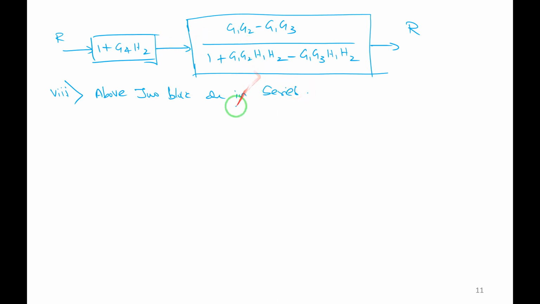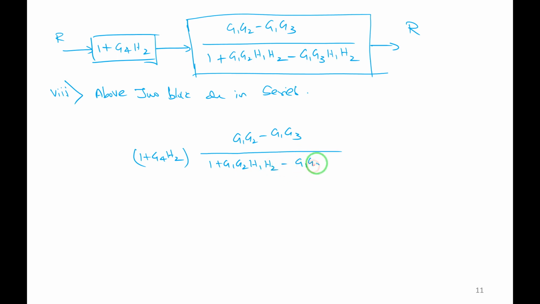Just multiply the gains, it will turn to be a single block. So 1 plus G4H2 into, just multiplying, G1 G2 minus G1 G3 divided by 1 plus G1 G2 H1 H2 minus G1 G3 H1 H2. Multiply this and this will become a single block.